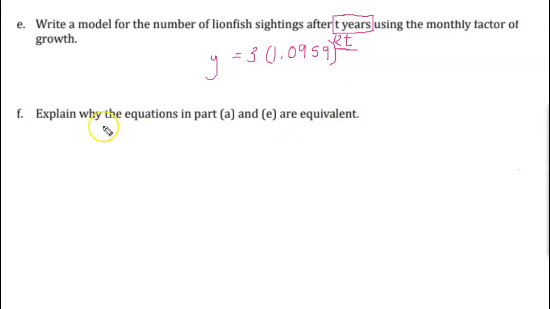Explain why the equations in part A and part E are equivalent. So our equation that we managed to come up with in part A was y equals 3 times 3 to the x power. And then for our monthly, we have y equals 3 times 1.0959 to the 12x.